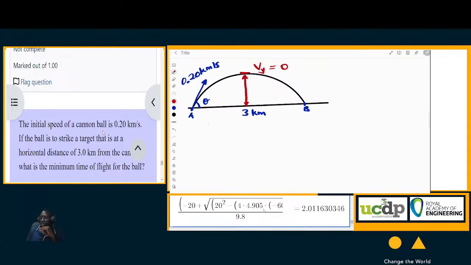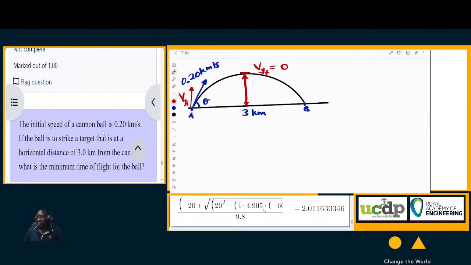So the initial velocity in the y we can call Vy initial, and this is like Vy final for that part of the flight, right? And we agree that the time it takes to get to that maximum point is half the time of flight, right? Yes. So what is our Vy initial?